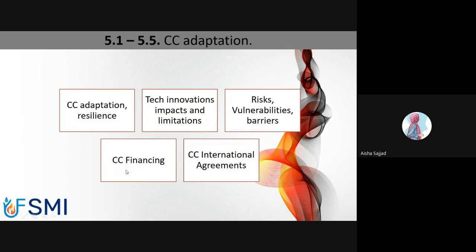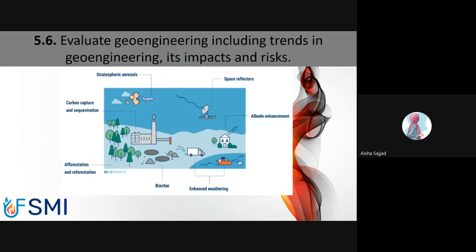Climate change financing talks about how different smaller parties and organizations can be financed so that they can move towards their sustainable goals. And then different international agreements such as the Paris Accord and COP26 are working towards climate change adaptation.